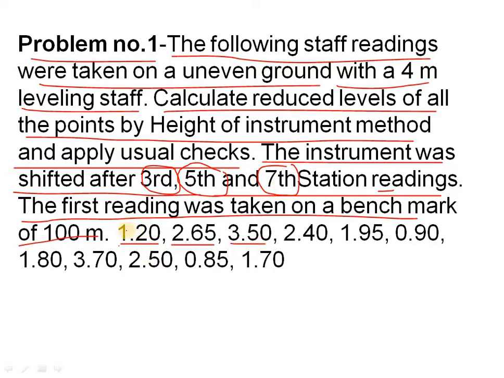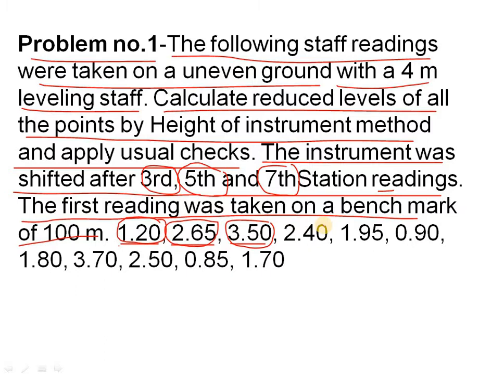From the first station, that is the first point, 1.20 is the back side, and 2.65 will be the intermediate side, and 3.50 will be the FS. Why? Because this is the 3rd reading.